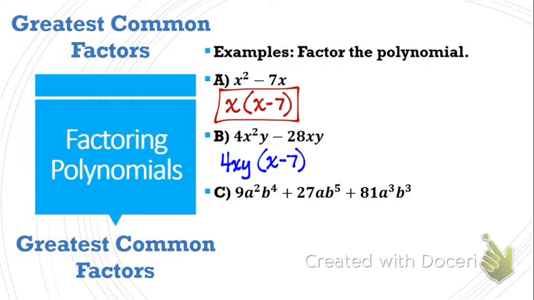There we go. And what is my GCF on C? 9ab to the third. Pump the brakes. Yes, absolutely. I haven't written down the problem. This is why I said, please tell me if I'm going too fast.